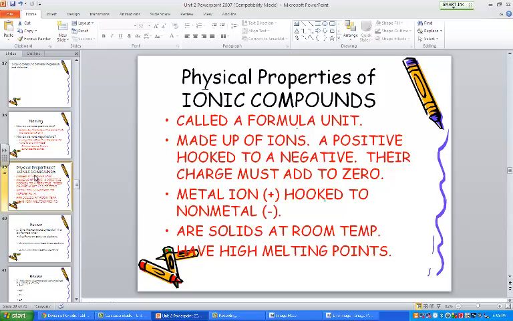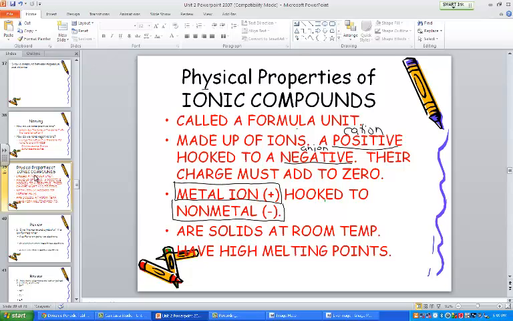So we have ions, a positive ion known as a cation, hooked to a negative ion known as an anion. A positive hooked to a negative, so that when we're done writing our formula, we've created an electrically neutral compound. Their charge will add to 0. Metals, we're just beginning this journey. Metals will lose electrons. Metals will always form positive ions.